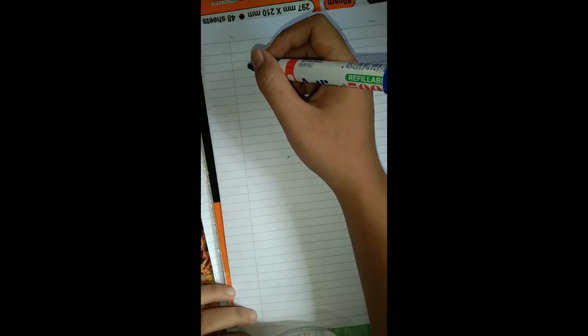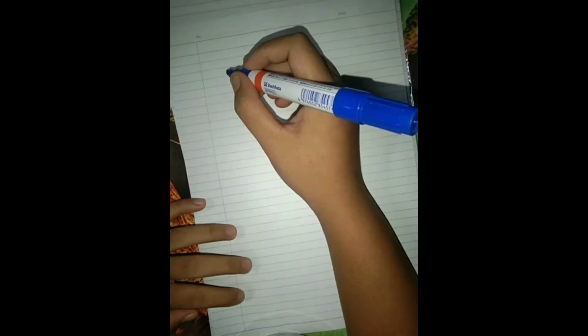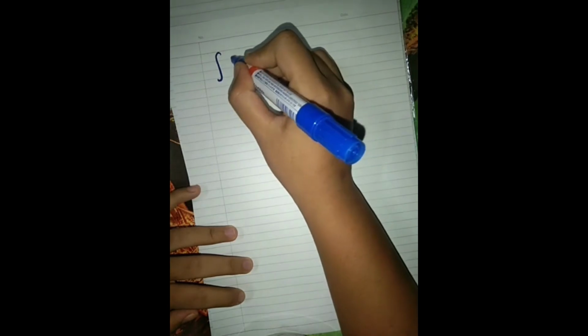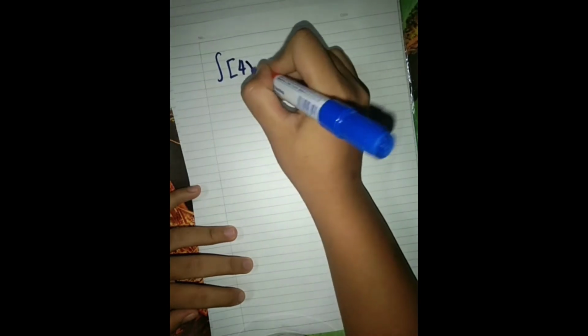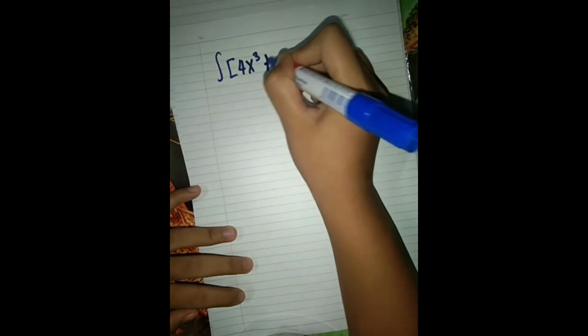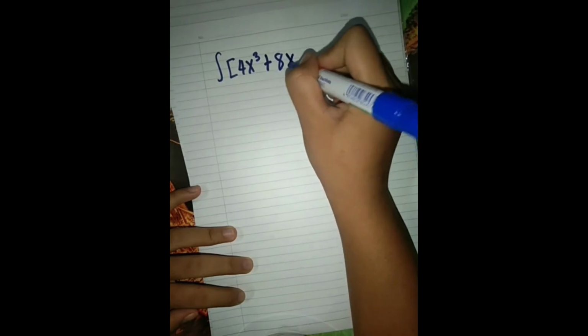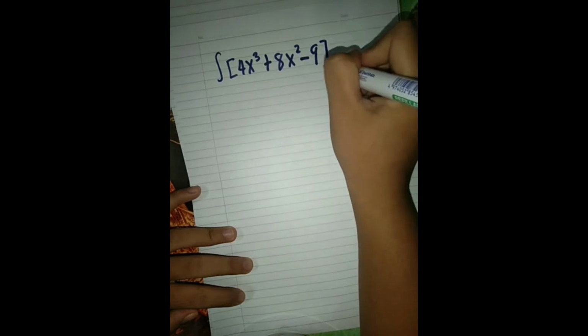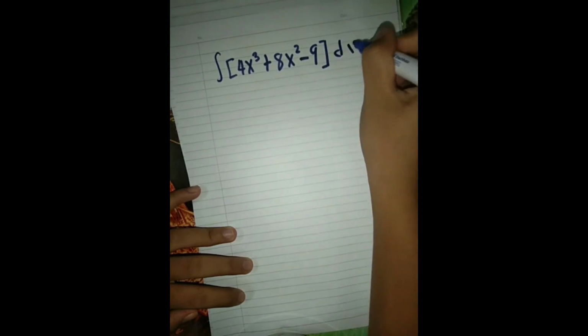Alright, here is an example to find the antiderivative. We have the integral of 4x cubed plus 8x squared minus 9 dx.